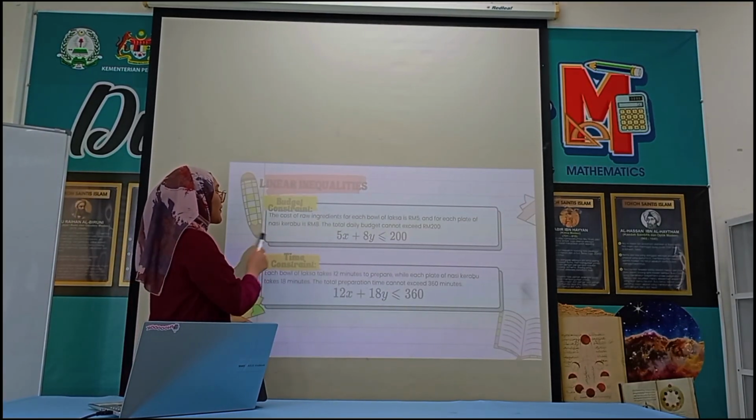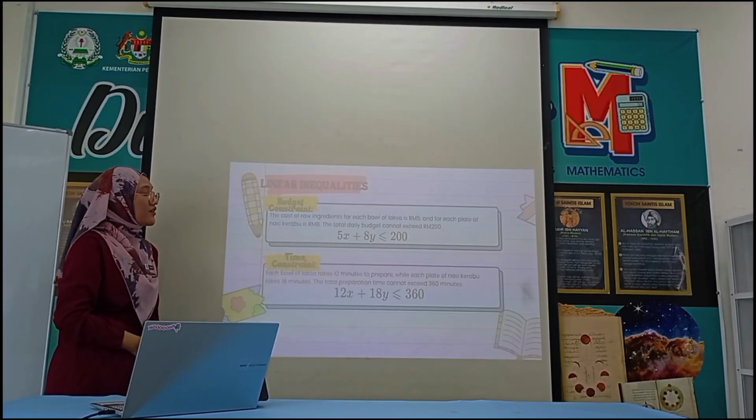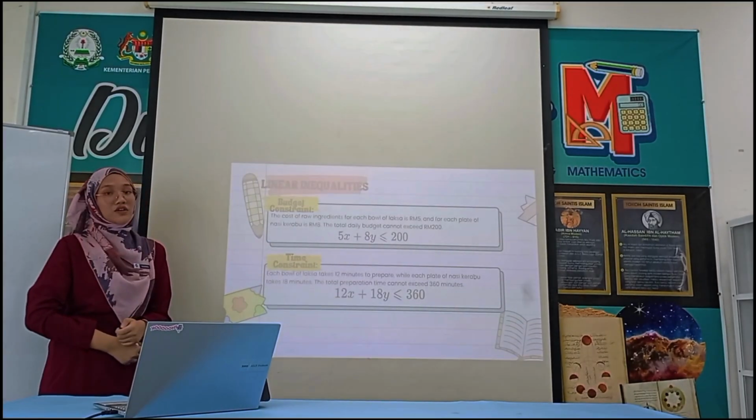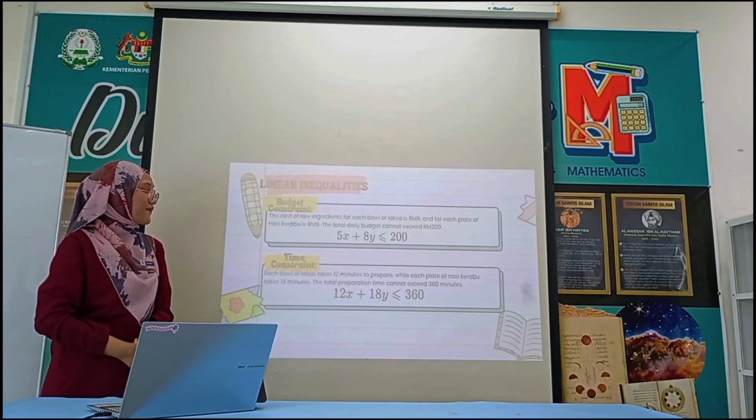So the first constraint is 5x plus 8y less than or equal to 200.